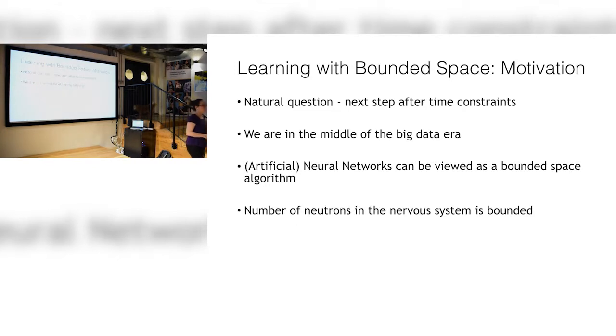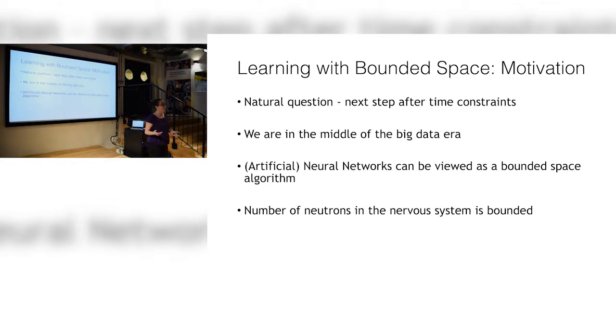A second one is that, as we all know, we are living in the middle of big data. We have a lot of data, so we cannot expect our learning algorithm to remember all the data while training. Another reason is neural networks.